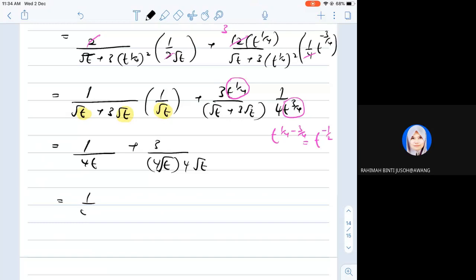So we will have 1 over 4t plus 3 over 4.